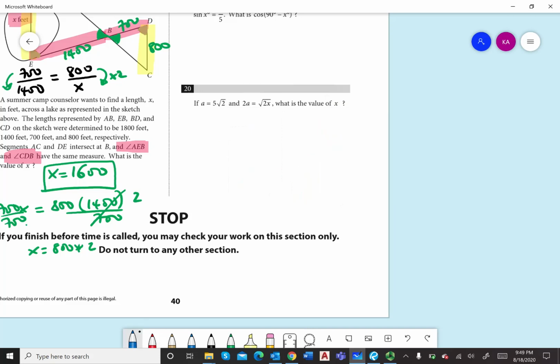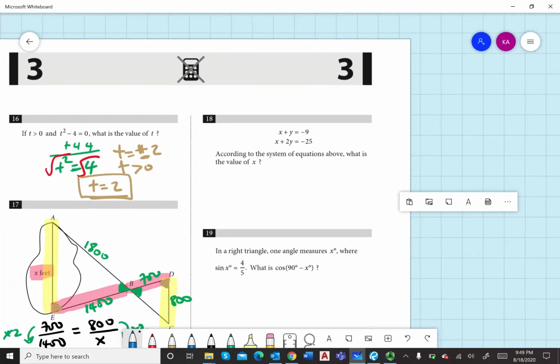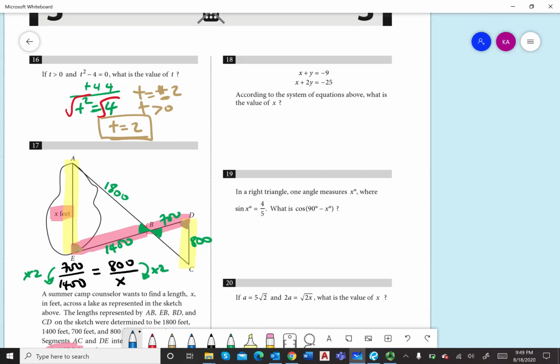Now I go back to the regular pen. So here, 3 more questions. So it says, again, we have 2 equations, so a system of 2 equations that we have to solve. Based on what we described before, we have to use the elimination here.